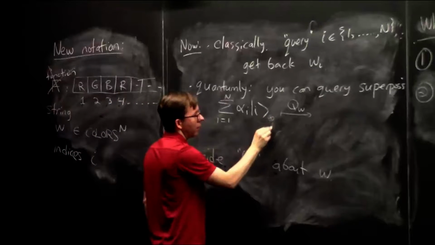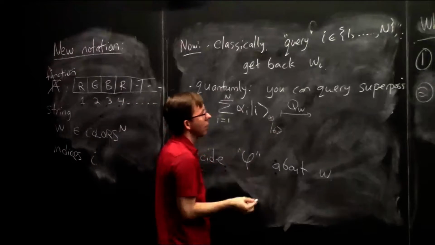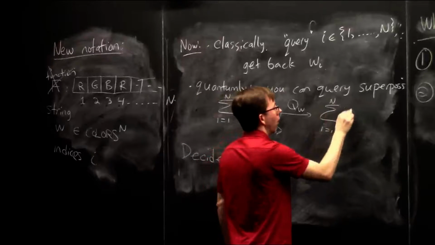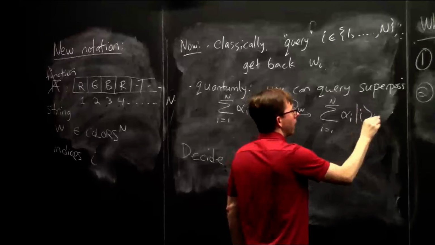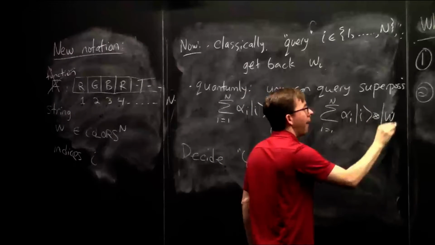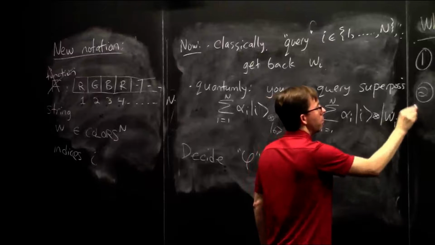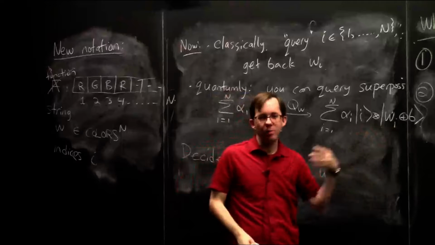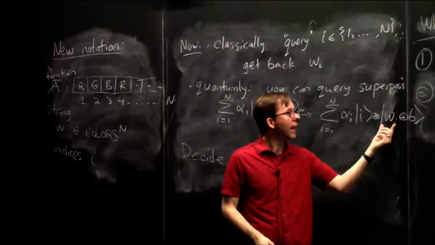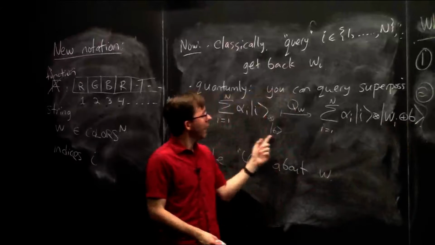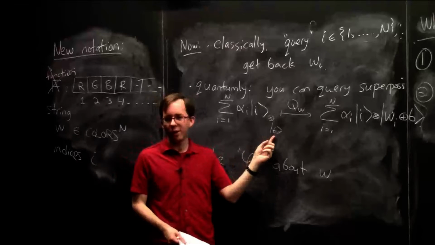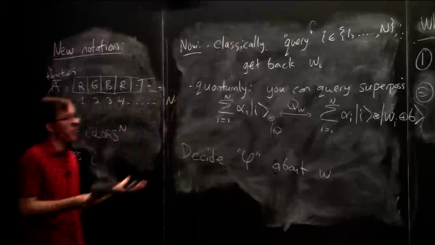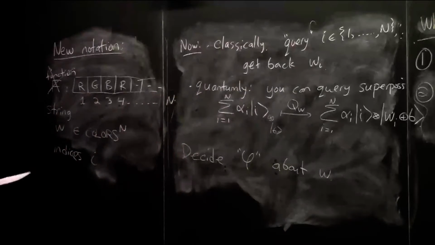So you should pass in something like b in the answer register. And what you get out is a superposition of answers, i tensored with w i XORed with b. Again, you should think of the colors, w i, as being represented by strings in some way. And the answer gets XORed into the answer register, which you usually just plug in all zeros here. And so then this becomes the answer. This is what we've always seen before, just in new notation.